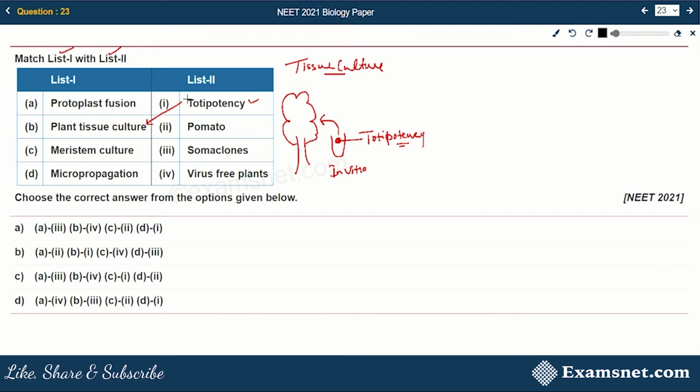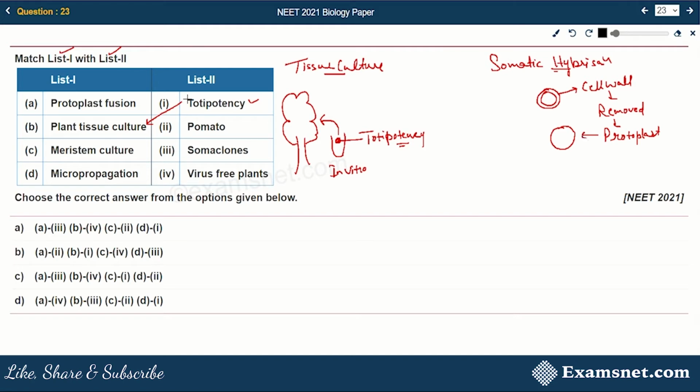Now, one of the applications of tissue culture is somatic hybridization. Have you heard of the word somatic hybridization? In this technique, we take a plant cell, and as we know, a cell of a plant or a bacterium consists of a cell wall. So during this process, this cell wall is removed by digesting it. What is left is a live cell without a cell wall, that is known as protoplast.